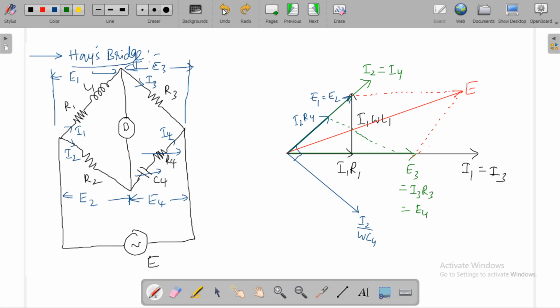So the phasor sum of the voltage across C4 and the voltage across R4 is E3, or E4. Okay, both are equal.